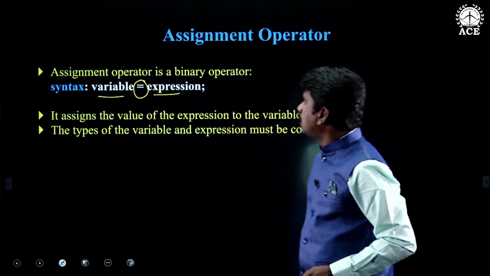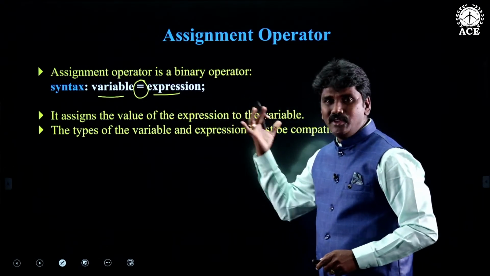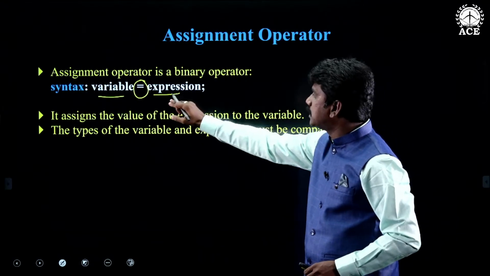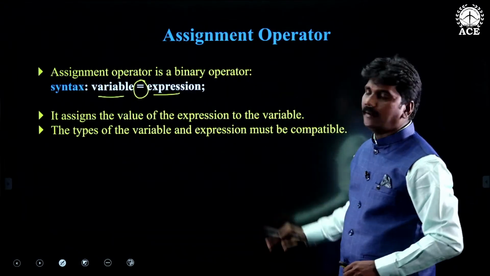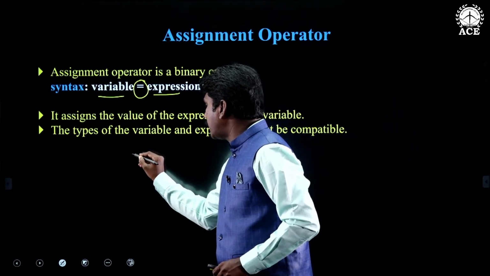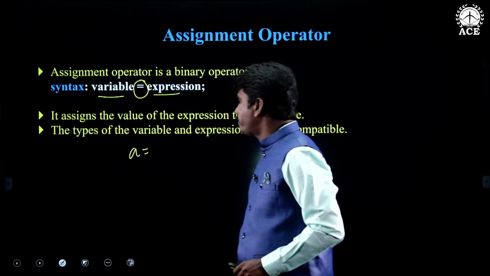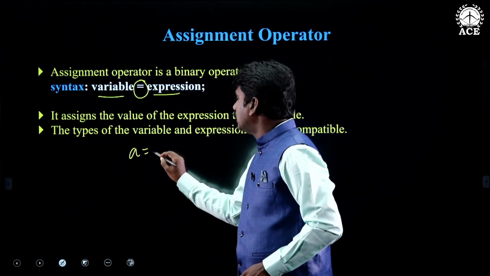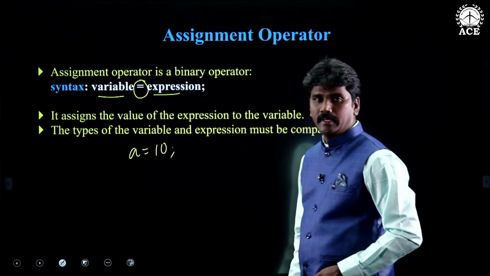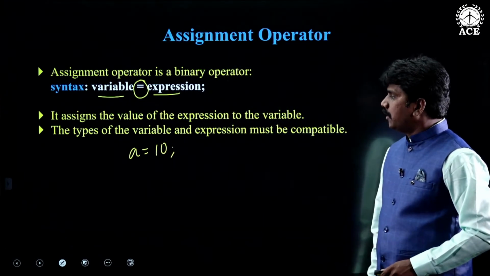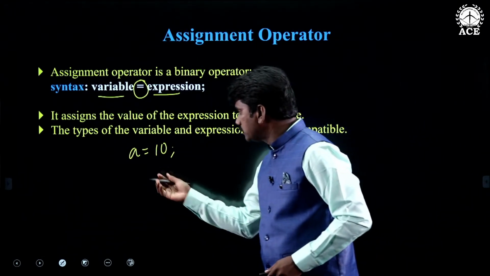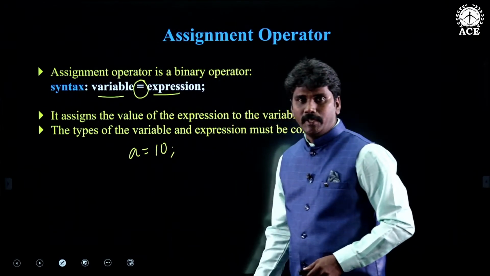So here, whatever expression or value we are having, if we would like to store that in a variable, then we can use the operator called assignment operator. For example, I would like to store the value 10 into a variable like A, then I can use the assignment operator equal to. A is equal to 10, right? We will use this one commonly in all programming. So the assignment operator is going to be like this.